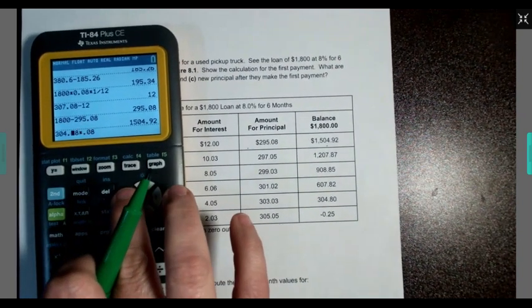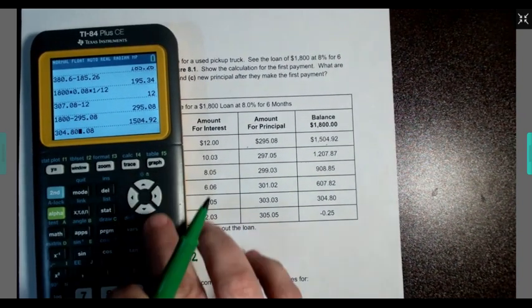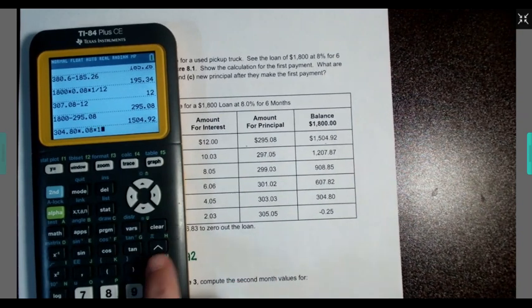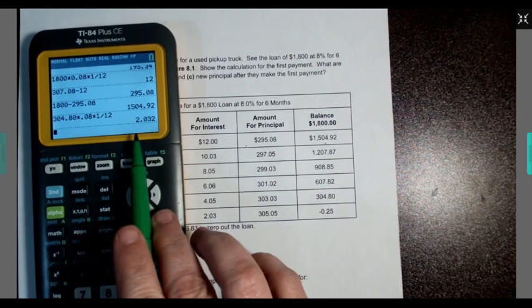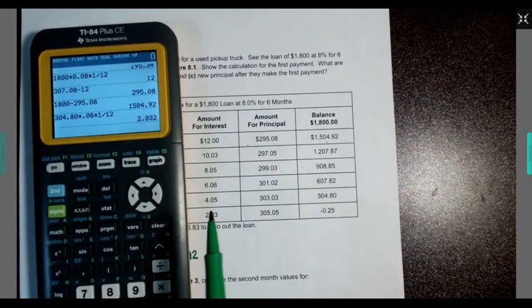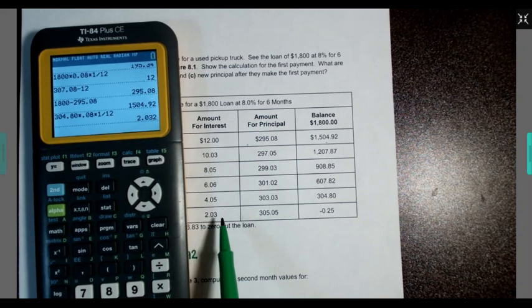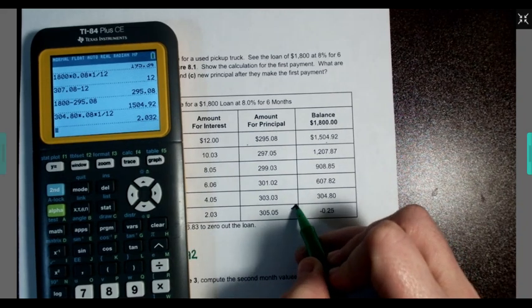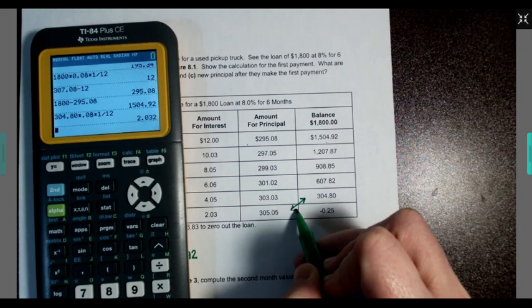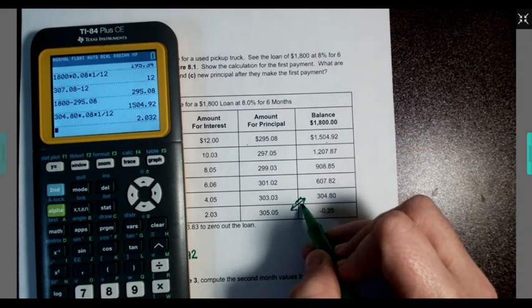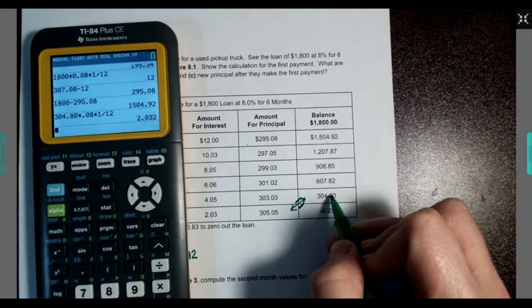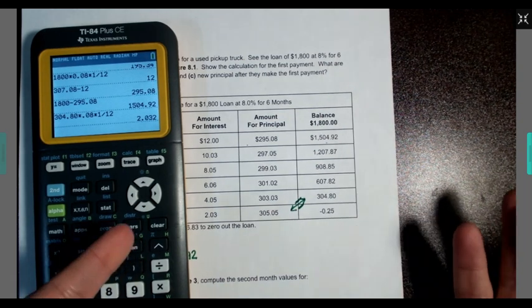Oops, sorry, this should have been 80 cents. Times 1 over 12. That would have given us $2.03. Notice that's what they wrote here. These two amounts right here, we could have matched. These could have been equal, because we just have to pay the loan off.